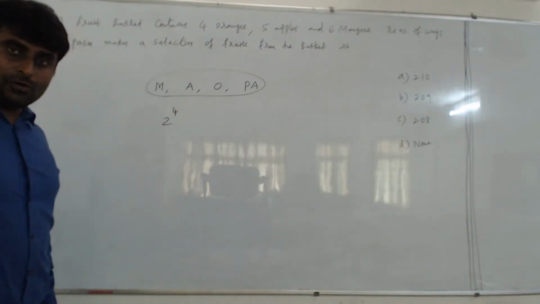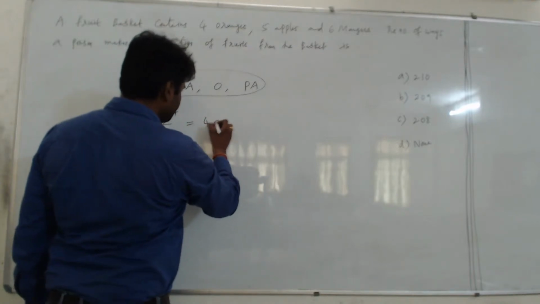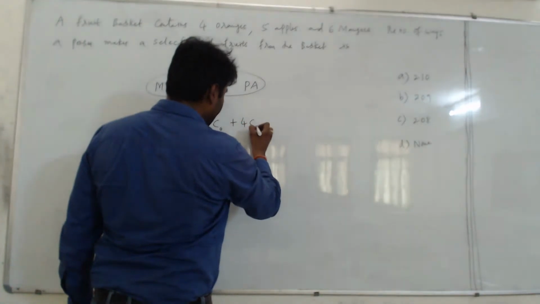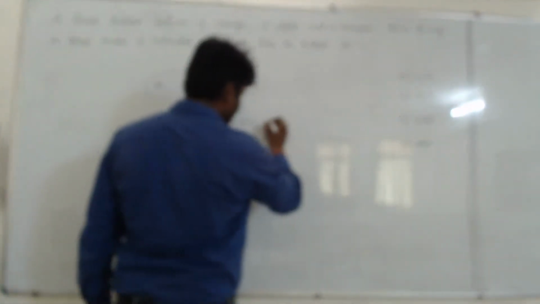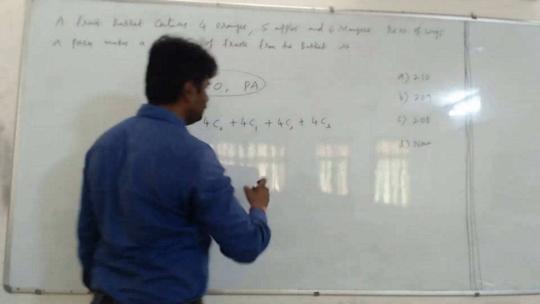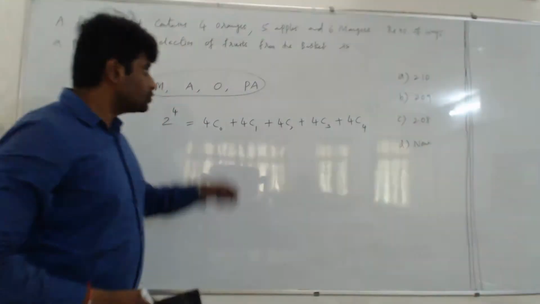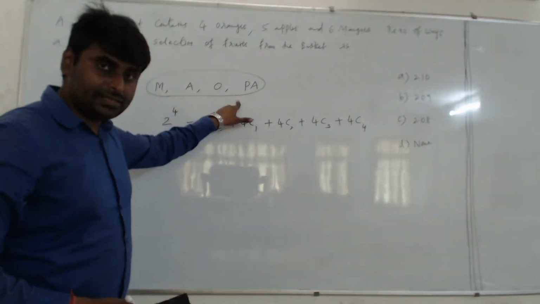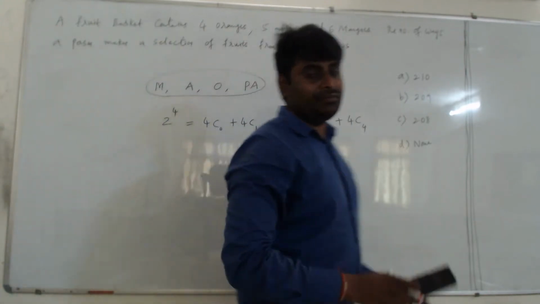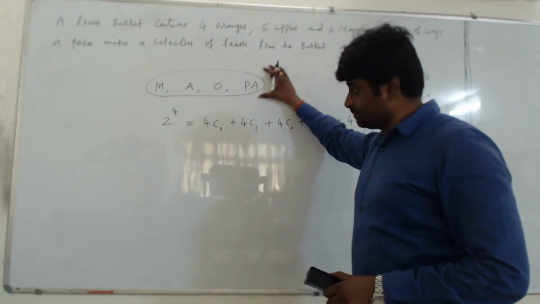So 2 power 4 is nothing but, out of 4 fruits, he may select 0 number of things. He may select any one of those fruits. He may select any 2 of those fruits. He may select any 3, and he may select all the fruits. So when you have 4 different things, how many ways can a person select from those 4 different things?